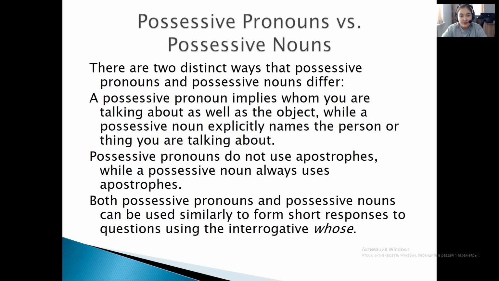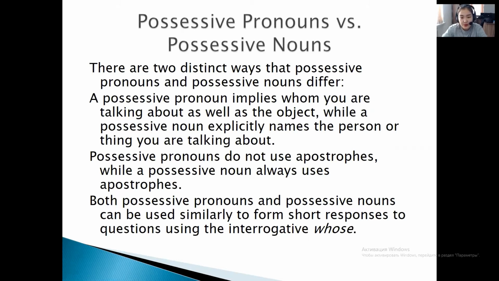Possessive pronouns and possessive nouns. There are two distinct ways that possessive pronouns and possessive nouns differ. A possessive pronoun implies who you are talking about as well as the object, while a possessive noun explicitly names the person or thing you are talking about.